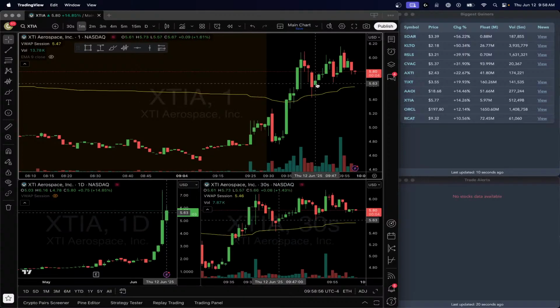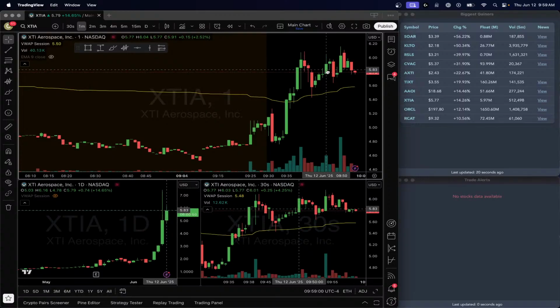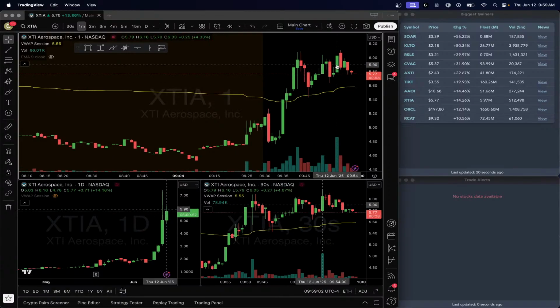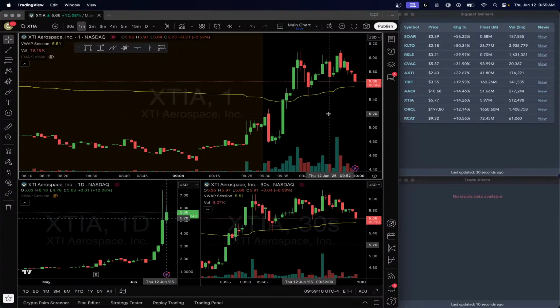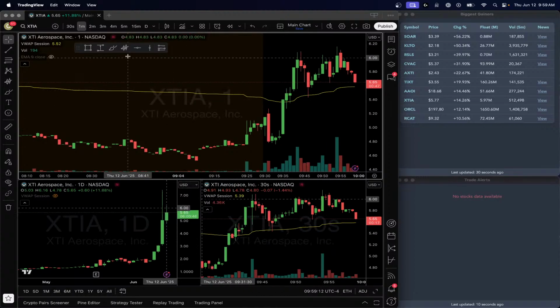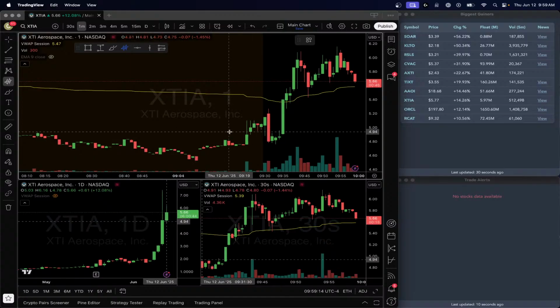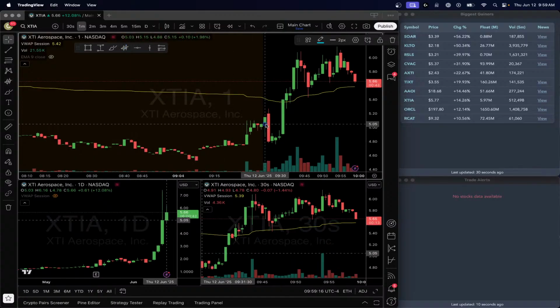XTAI, that has some pretty decent volume, somewhat, not really. 86,000 on that. So it looks like it's going to go below the VWAP on the daily. If we look at where's 930 right there.